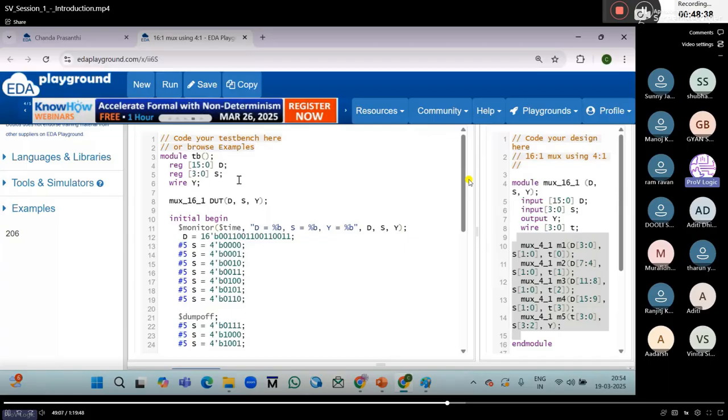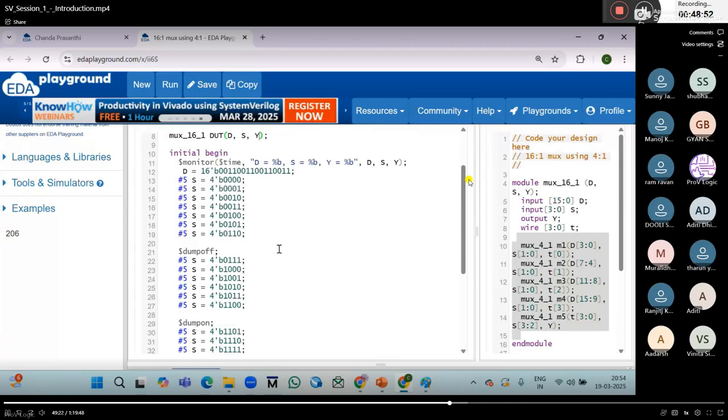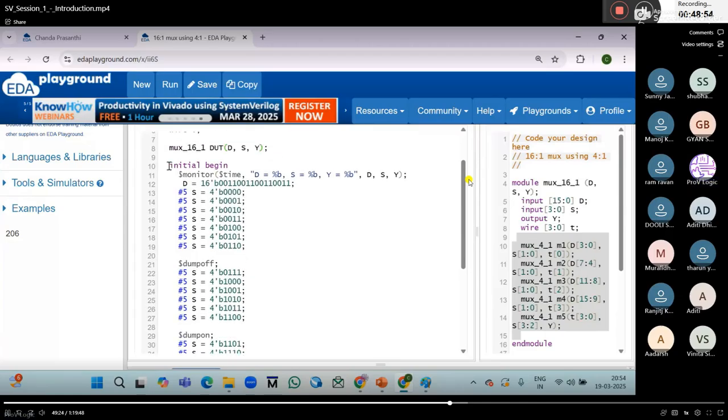Next, interfacing the design and the test bench. Mux 16:1 is the design name, and the DUT instance name is DSY. Next, initial begin. $monitor is a system task or simulator directive.